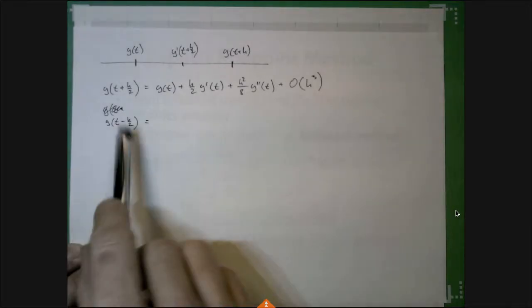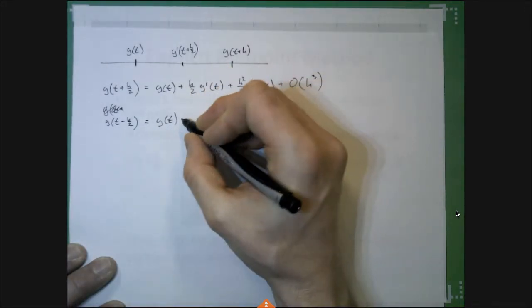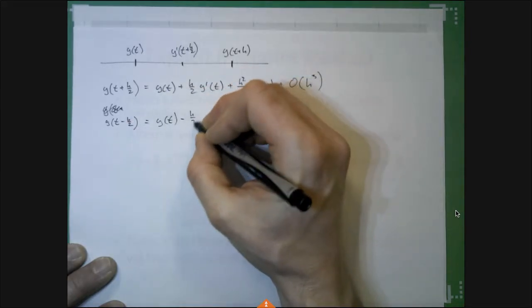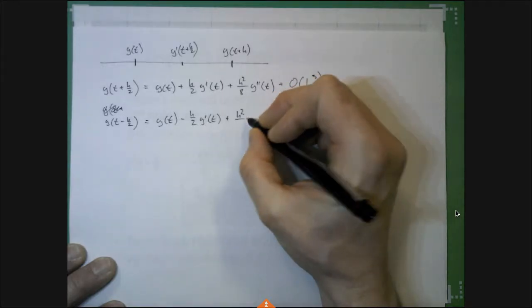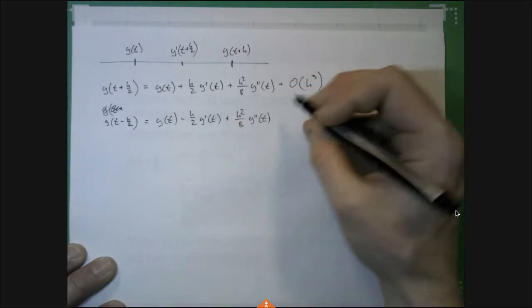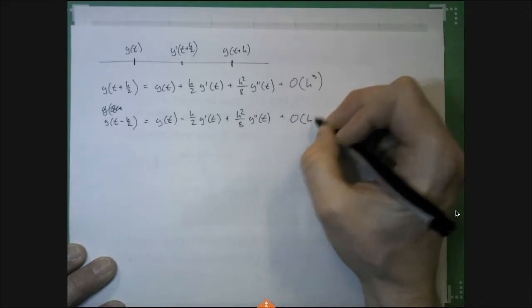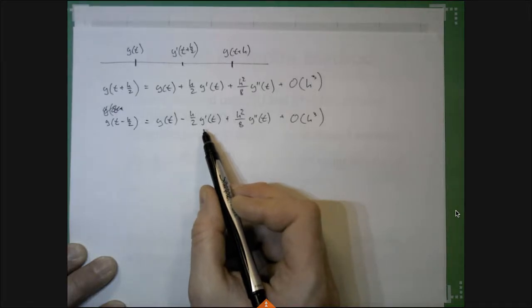So now I do the same Taylor expansion here. So here I'll get minus h half y prime of t. Here the minuses will cancel, so this is just this. Plus, again, some error. And now look what I can do here.